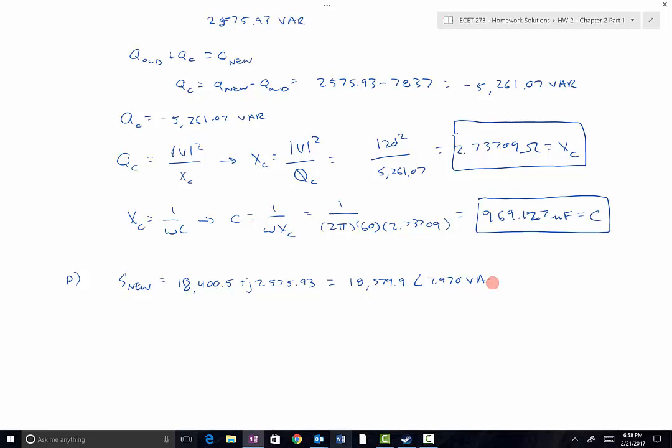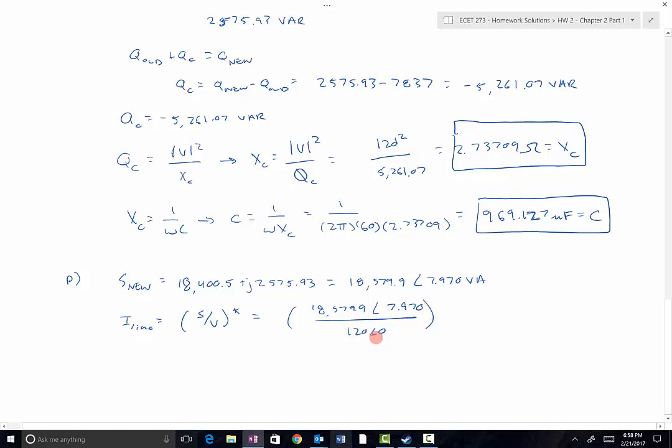We can determine the line current that's now being drawn by the load the same way we did before. We've got the line current equals S over V quantity starred. So we've got 18,579.9 at an angle of 7.970 divided by 120 at angle 0.